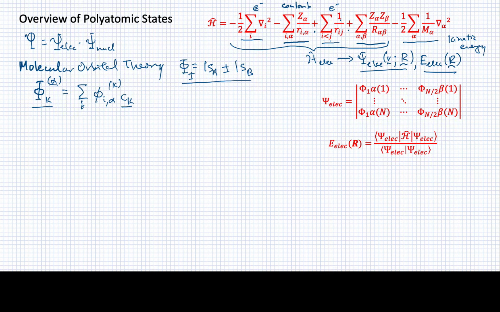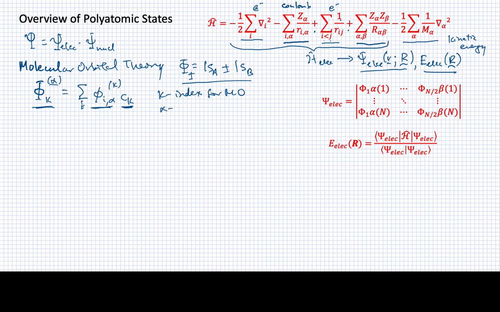So here's the main thing to remember. These are atomic orbitals on each atom. They are added together in a weighted fashion, weighted by these coefficients, and they combine together in a particular way to make one molecular orbital. All right, so here K is an index for the molecular orbital.